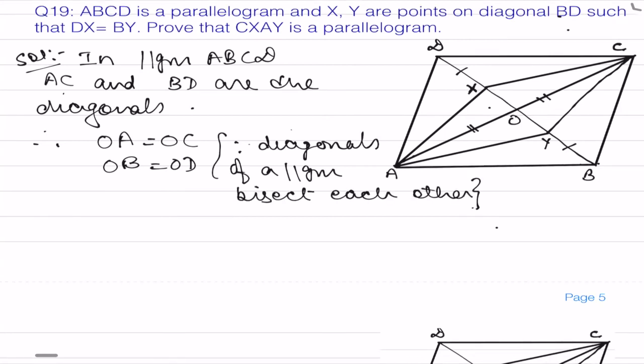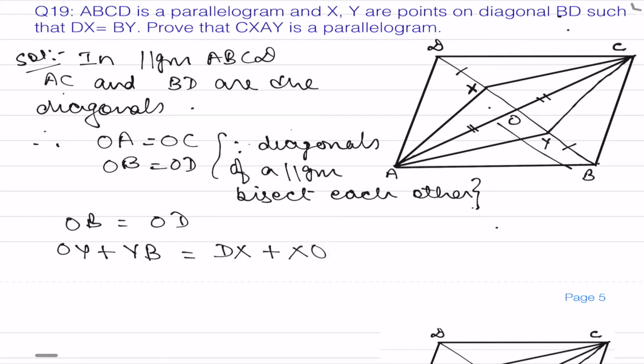OB is the combination of OY plus YB and OD is the combination of the two parts DX plus XO.